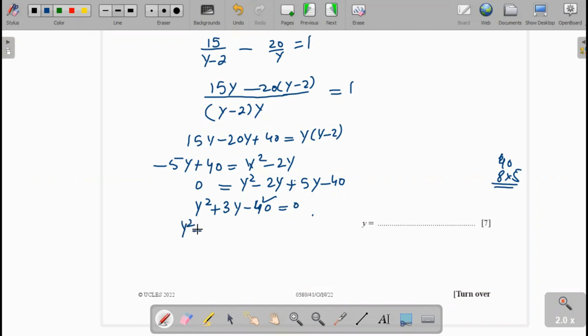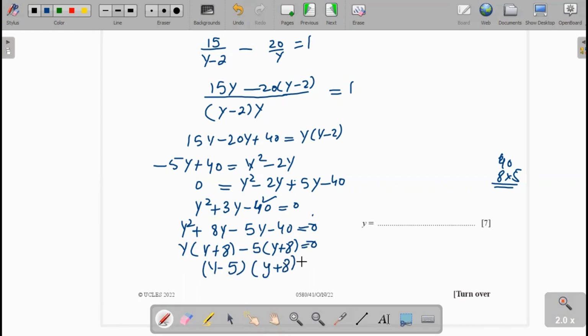Therefore y squared plus 8y minus 5y minus 40 equals 0. So y plus 8 times y minus 5 equals 0. Therefore y minus 5 equals 0 or y plus 8 equals 0.